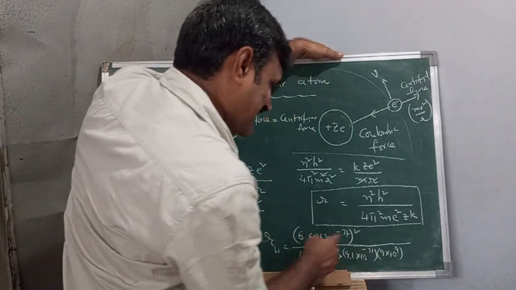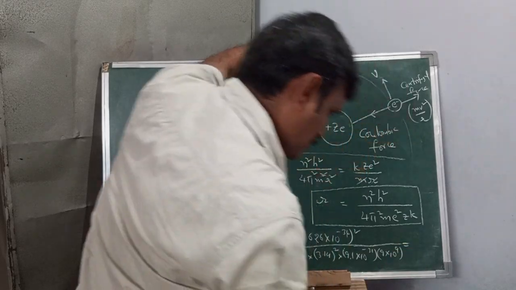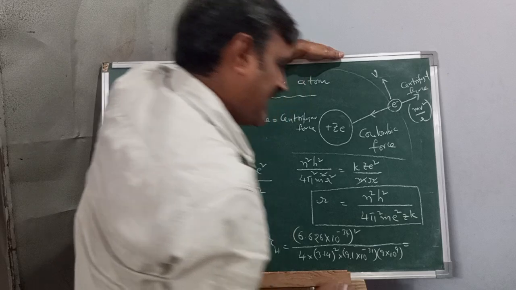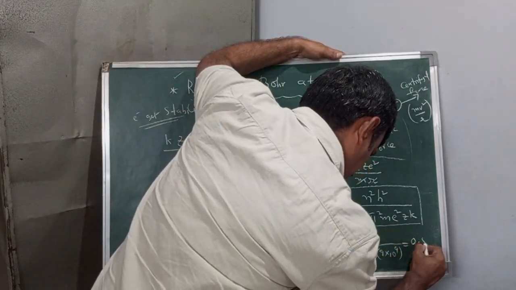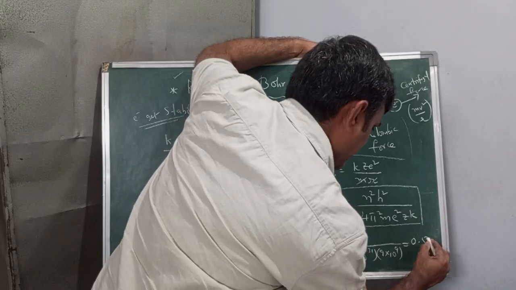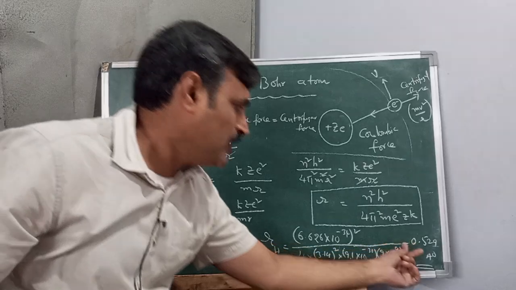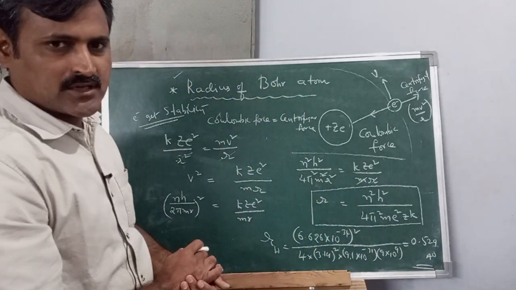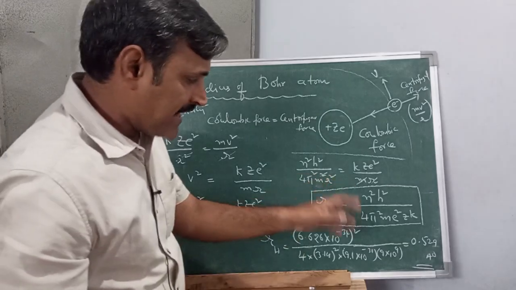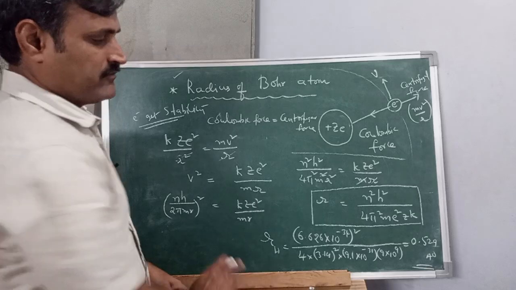Substitute all these things and verify, then it will come equal to 0.529 angstrom units, or you can take 0.53. So this value came after substituting all these values of n, h, pi, m, e, Z, K properly.